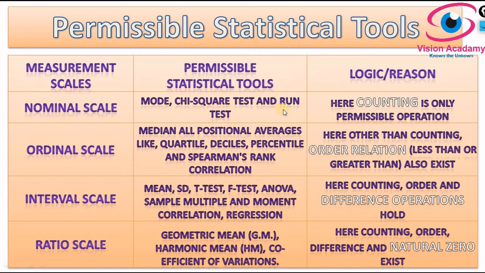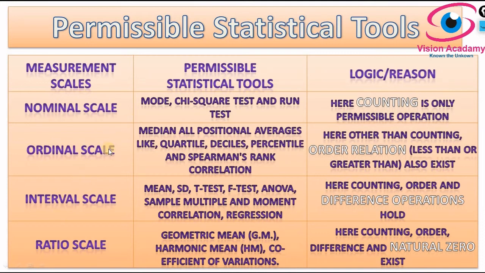And in chi-square test and run test, we also do counting. So mode is also used for counting purposes. What is the logic behind using mode, chi-square test and run test? Here counting is the only thing permissible. In nominal scale you can count how many female, how many male, like that. So for this you can go for mode, chi-square test and run test in the nominal scale.